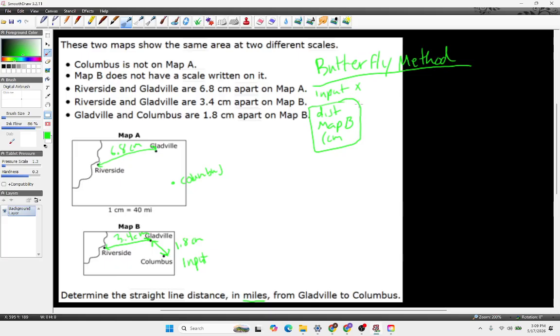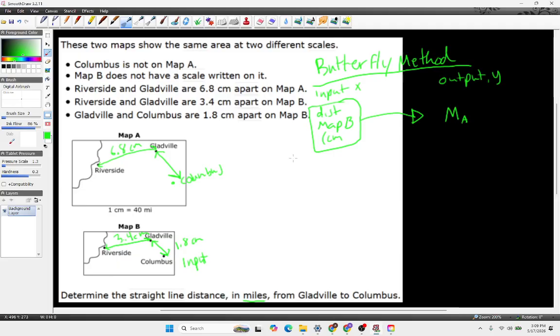And then from there, it's going to get scaled up to our output, y, output's always y, input's always x, the corresponding distance on map A. So I'm going to call this M with a little a for map A distance. Not talking about the actual distance, I'm talking about the map A distance. And that's unknown. We don't know how far that is.